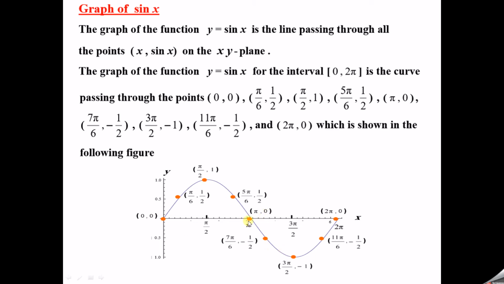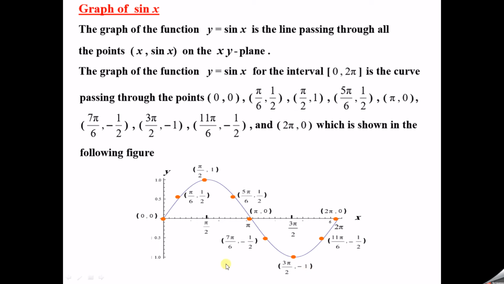So we got a curve of this type, which is a wave curve, we can say a sine wave. The maximum value of the sine function we are getting is plus 1, and the minimum value of y is minus 1.